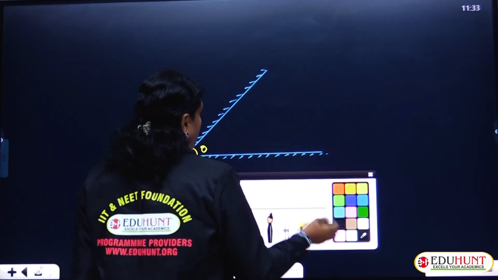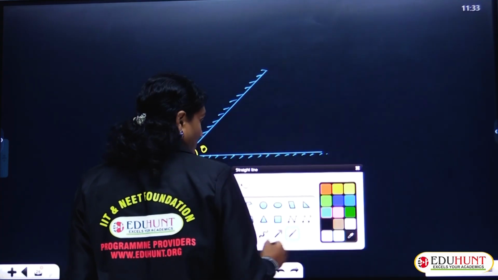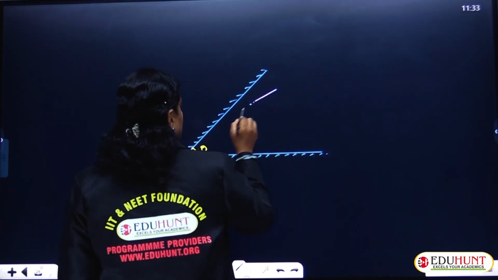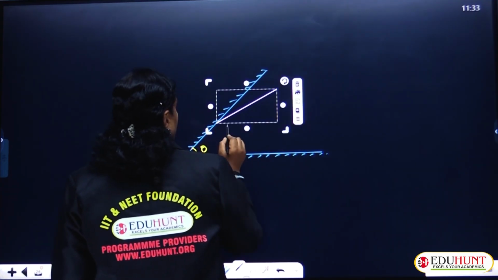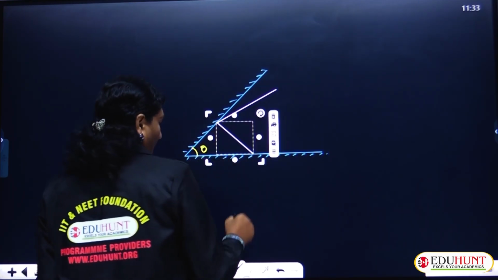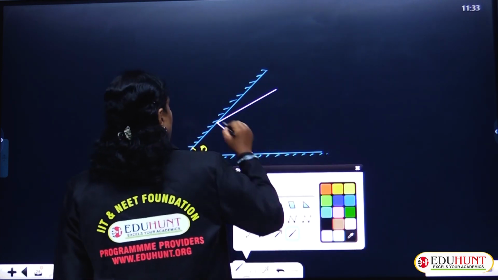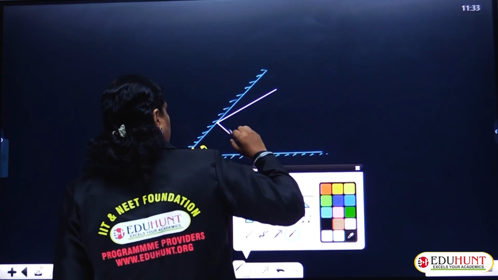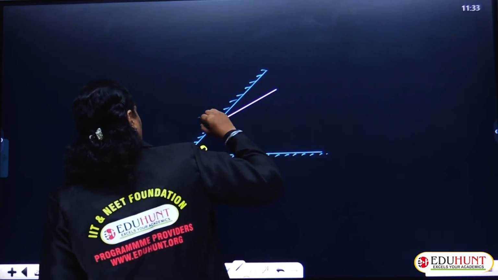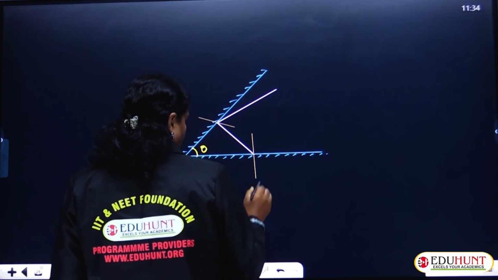Let us consider two plane mirrors inclined at an angle theta, as shown in the figure. On this, let us suppose that a light ray is incident. This is your incident light ray, and here must be a reflected light ray. Again, as it falls on the mirror, a normal is drawn to this. Here also let me plot a normal.